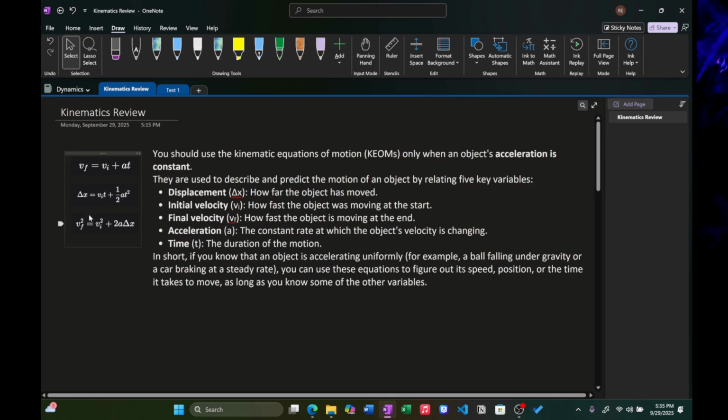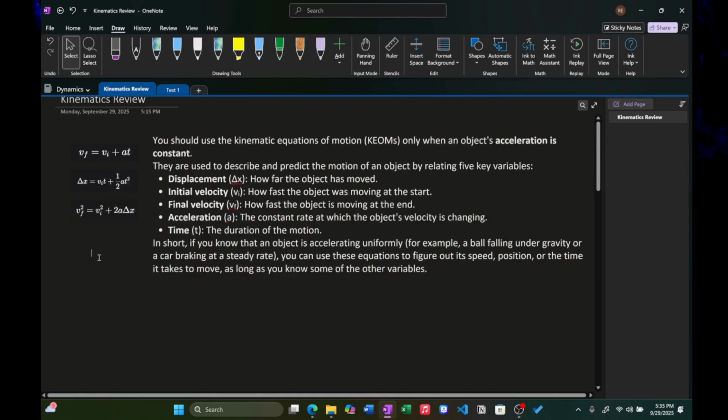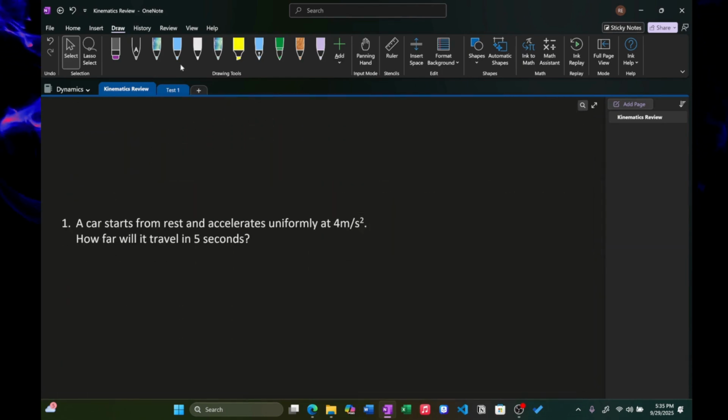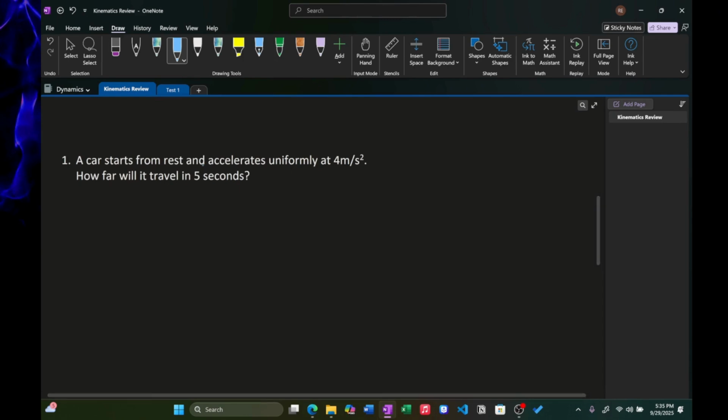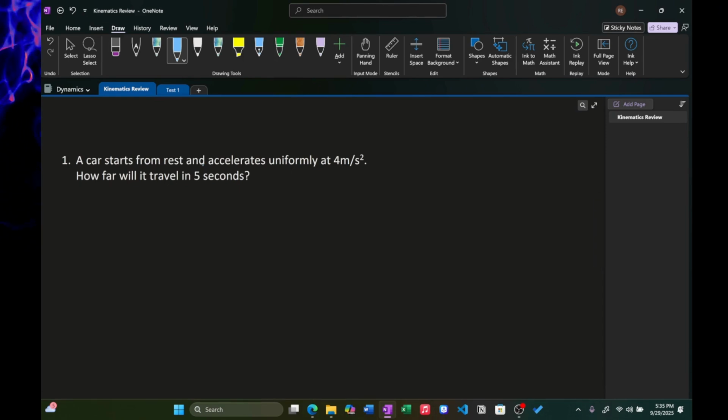So let's work a problem using one of these equations and see if we can figure out which one we need. Number one: a car starts from rest and accelerates uniformly at 4 meters a second squared. How far will the car travel in 5 seconds? All we need to do is realize what variables we have.